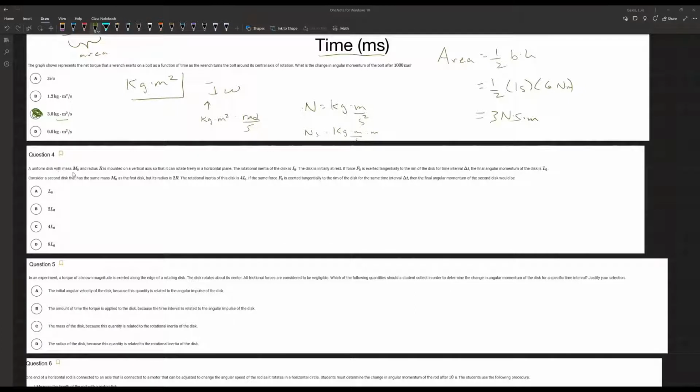A uniform disk of mass m0 and radius r is mounted on a vertical axis so that it can freely rotate in a horizontal plane. This can be hard to visualize, so break it down. It's just like reading skills. They tell us that we have a vertical axis. That means that it's going to look like a vertical line, and the axis is usually represented with a dotted line.